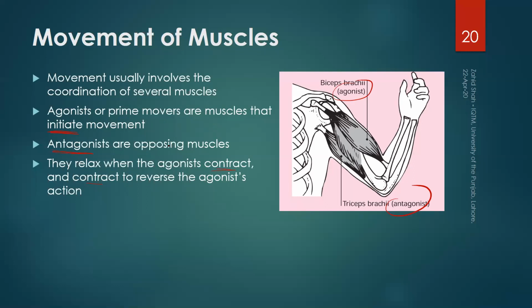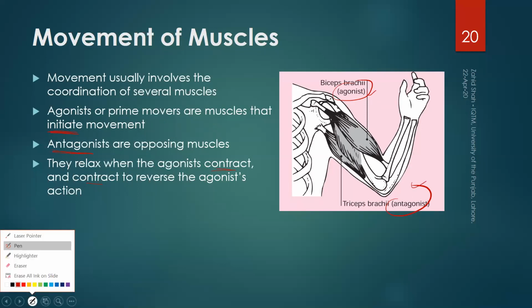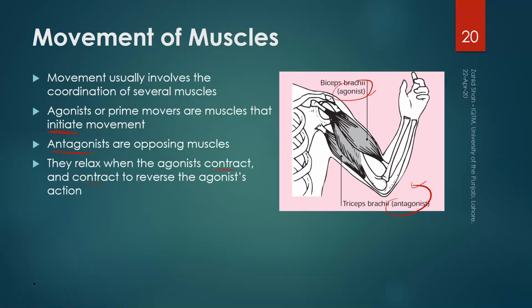So they work in pairs. In this case, biceps is the agonist and triceps is the antagonist. So biceps generates the movement and triceps moves in the opposite direction. And brachii, biceps brachii, triceps brachii. Brachium means arm. These are the muscles of the arm.